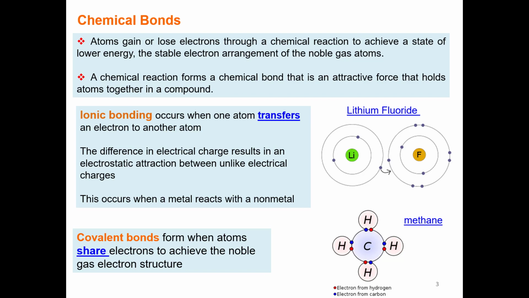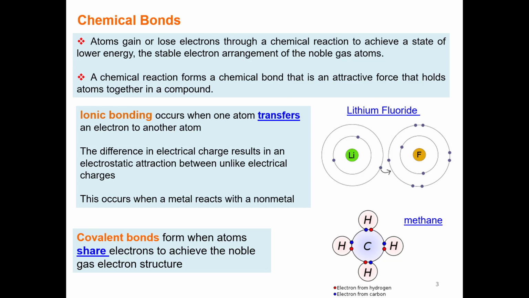And that state is when the electron configuration of the atoms is similar to the electron configuration of the noble gases. And the chemical reaction forms a chemical bond, and that is an attractive force that holds the atoms together.